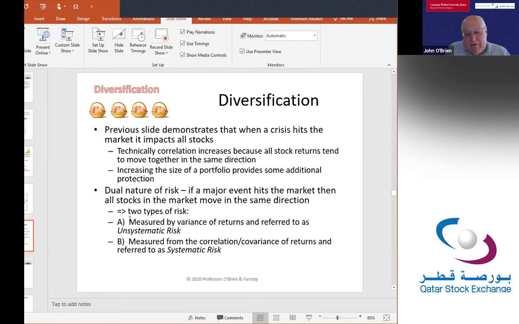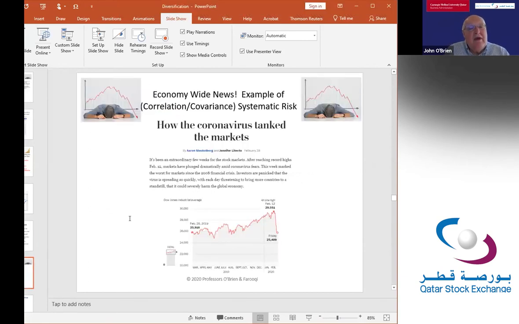They start falling together. Okay, so the recent event of the coronavirus was a source of systematic risk, how the coronavirus tanked the markets. And so it actually had a major impact initially on the markets. And then as events started unfolding, the markets are recovering at the moment.